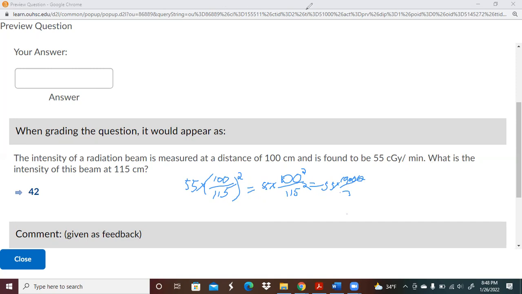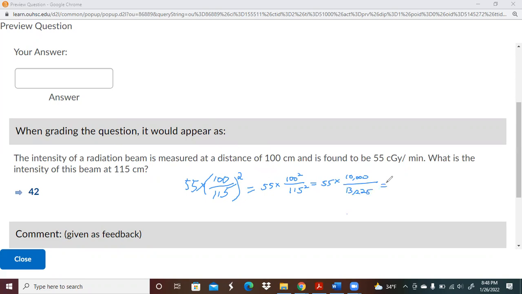The mouse here isn't working for me, so let's try the stylus, which I should be doing in the first place. So there we go. 100 squared over 115 squared is equal to 55 times 10,000 divided by 13,225.